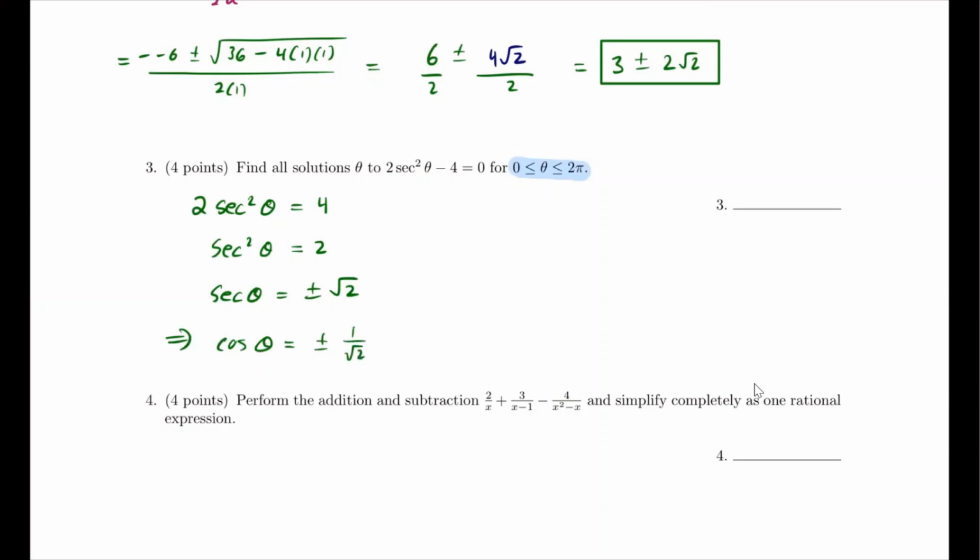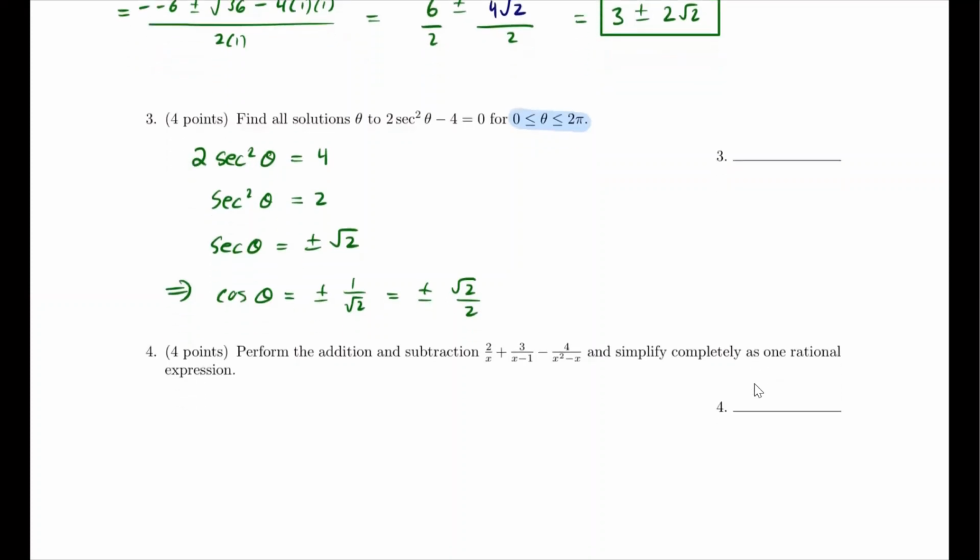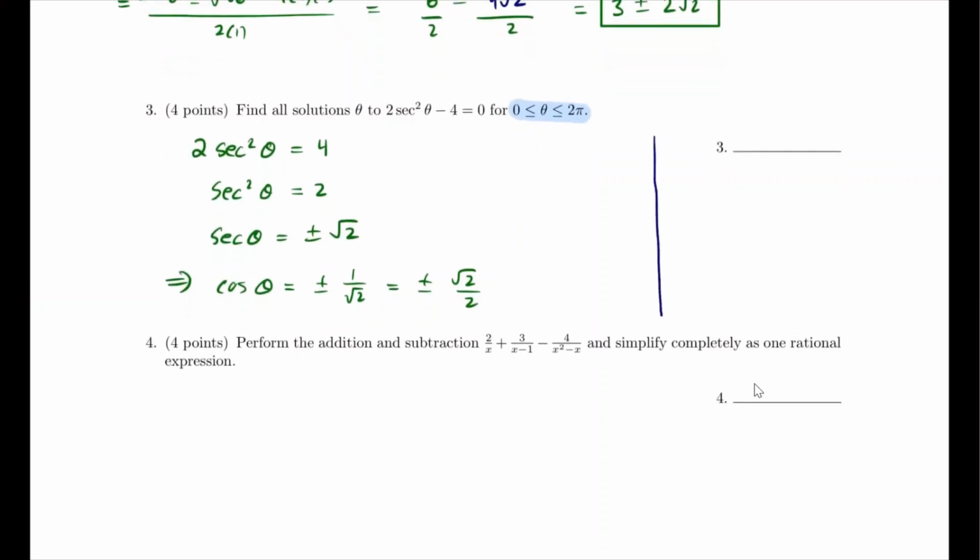And if you don't have this version memorized, you can also rationalize this: plus and minus square root of 2 over 2. So we want to know what is theta within this interval that gives us cosine to be plus and minus square root of 2 over 2. So let's try to draw these in our plane right here.